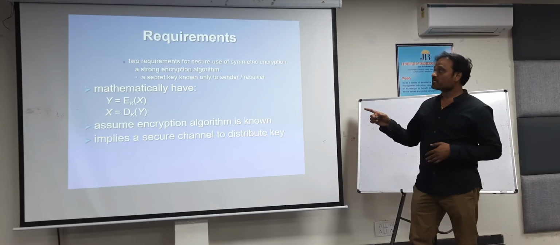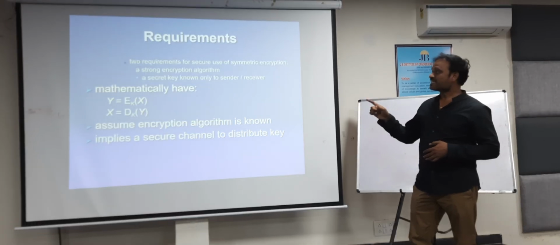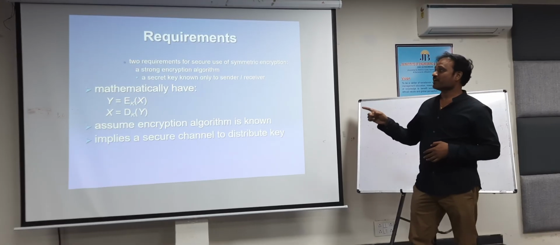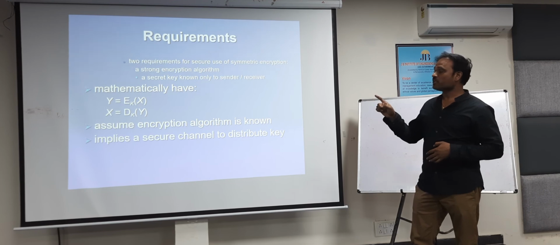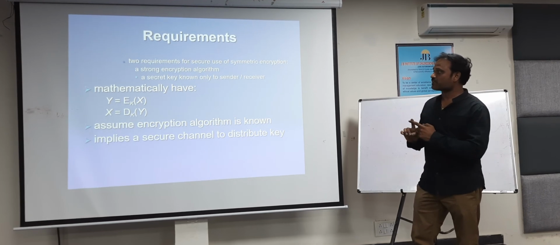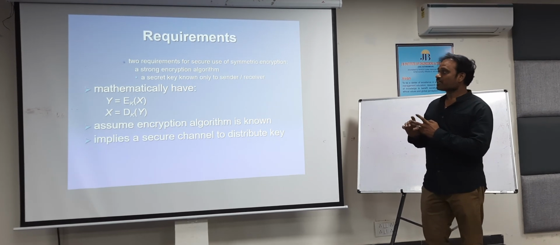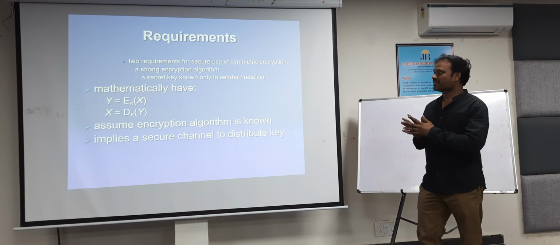What are the 2 requirements? A very strong encryption algorithm, and a secret key, which is known only to sender and receiver. So 2 things: one is a strong encryption algorithm, and another is the secret key to convert plain text into cipher text.